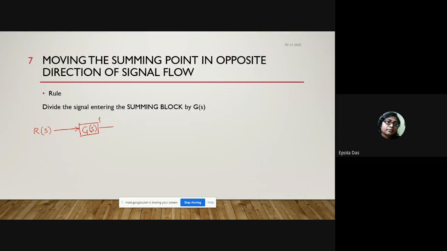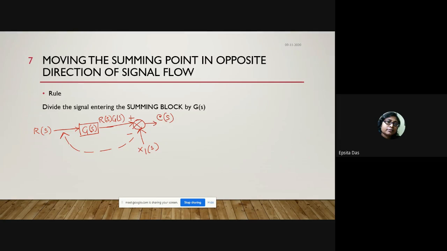The value we get is RS into GS, and this enters a summer. Here this value is minus, and suppose here the signal is X1S, and this is the CS over here. Now I have to change the position of the summer from the right hand side to the left hand side. So what should be the overall arrangement?